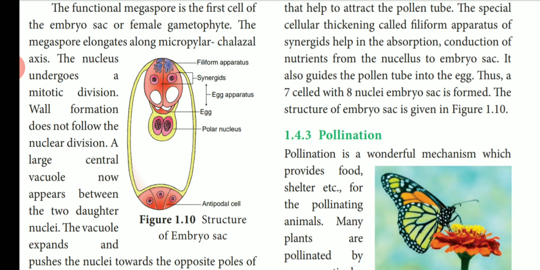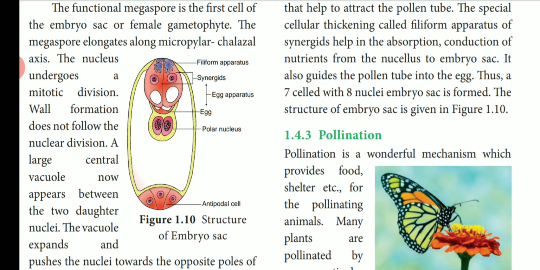It is helpful for absorption and conduction of nutrients from the nucellus to the embryo sac. Already I told you, the nucellus is the nutritive tissue which stores the food materials necessary for the development of the embryo sac. So the filiform apparatus helps in the absorption as well as in conducting nutrients from the nucellus to the embryo sac. That is the function of the filiform apparatus.